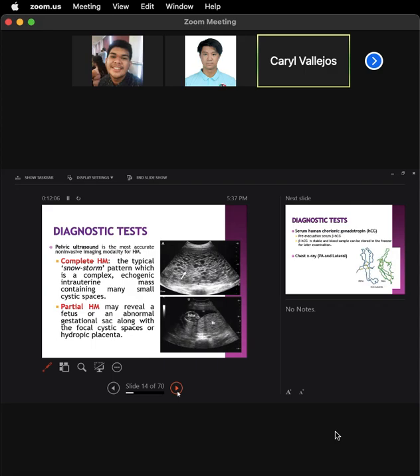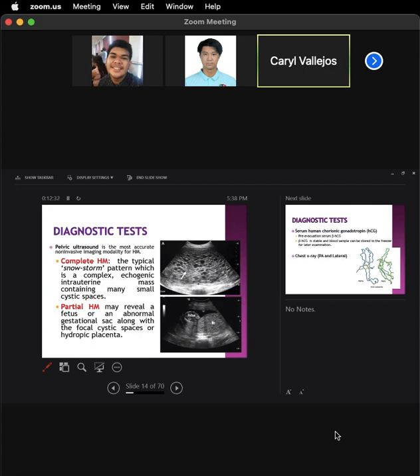For the partial hydatidiform mole, this may reveal a fetus or abnormal gestational sac along with focal cystic spaces and a hydropic placenta. If you could see, this is an example of a picture of partial hydatidiform mole. There is a fetus in there and a hydropic placenta with focal cystic spaces.